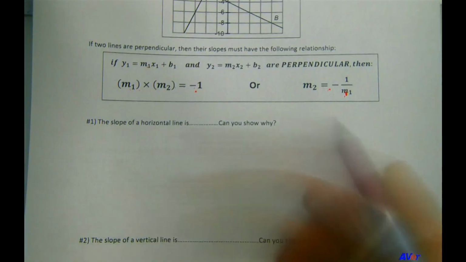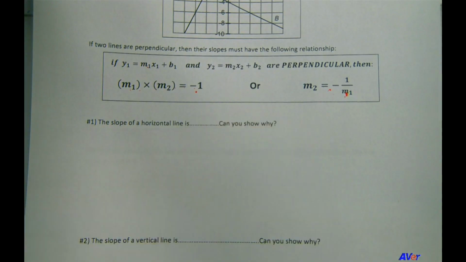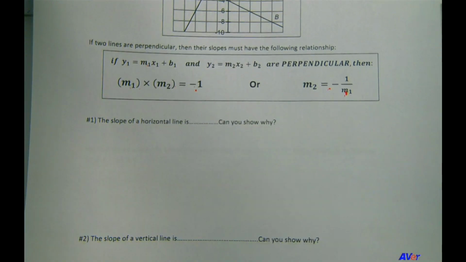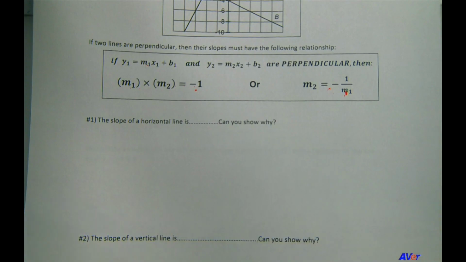So let's begin going through some examples. This one says the slope of a horizontal line is blank, can you show why? Well, let's go the other way. Let's first show why and then give the slope.